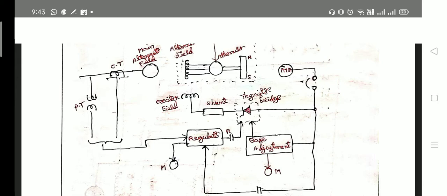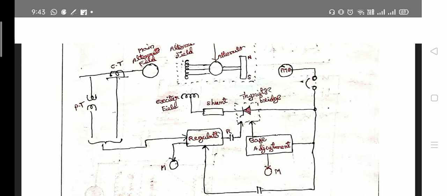The permanent magnet generator is connected to the shaft and the three-phase stationary armature of the main alternator. We compare the voltages of both sides here, the main alternator field and the permanent magnet generator field, and both are connected to the regulator.